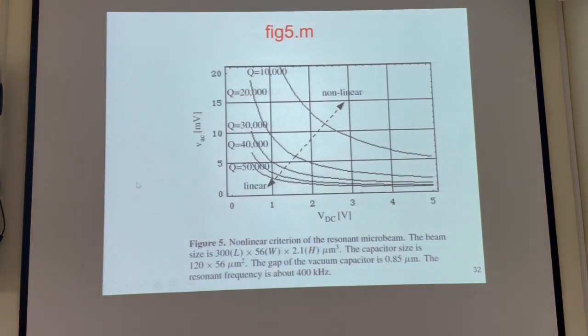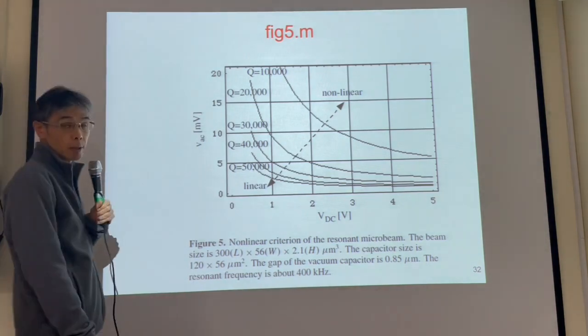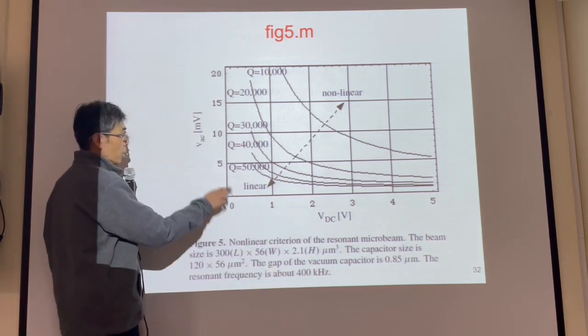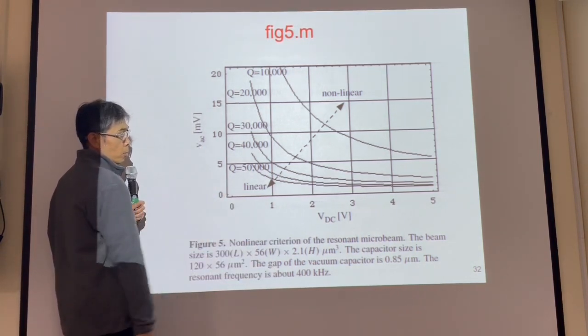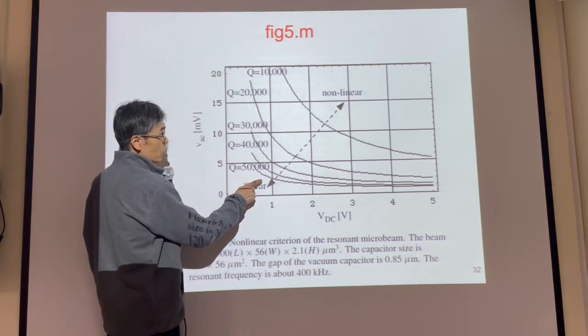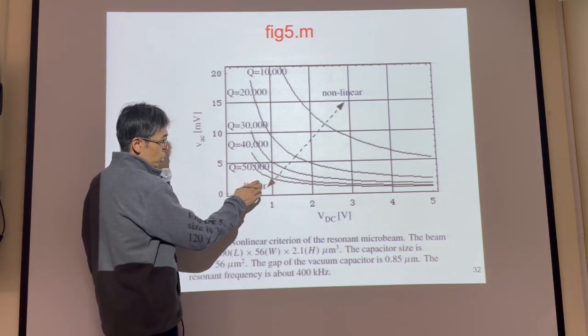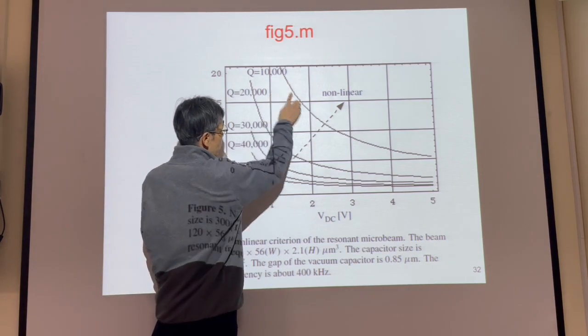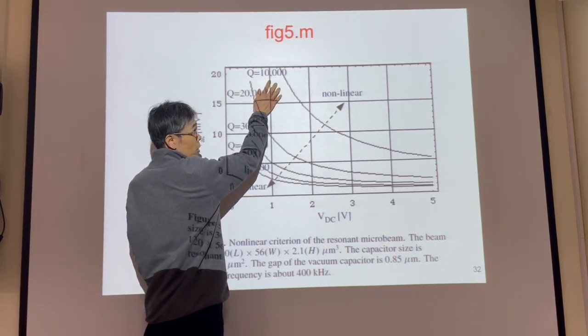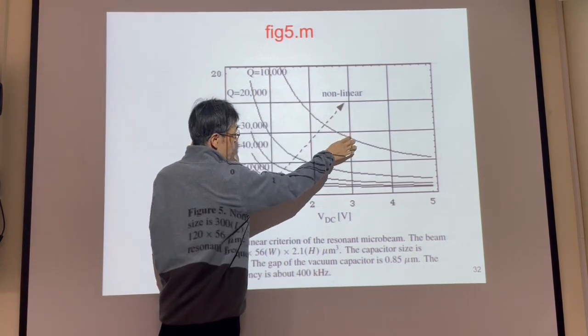Figure 5 is a relation between DC voltage and AC voltage. So for any combination of the DC and AC value, this is the boundary. For instance, if Q equals 10,000, this is the boundary.